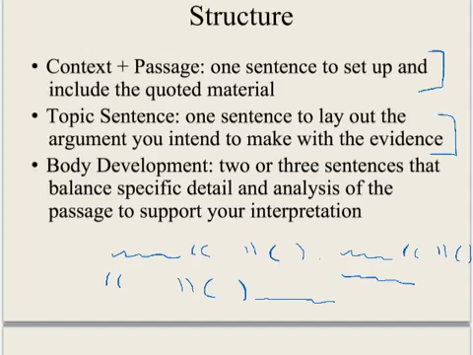Example, you have 2 quotations, 2 pieces of evidence in a paragraph. So both of them are helping to develop a main idea, and you'd have a topic sentence at the top. Right now, we're writing only about one passage, and we're answering a quiz question, for example, or we're doing a blog entry. Okay. Later, we're going to talk about body development, and think about our quizzes where we've had a topic sentence and then another 2 or 3 sentences that elaborate on that main idea. We're not going to really focus on that in this first night.